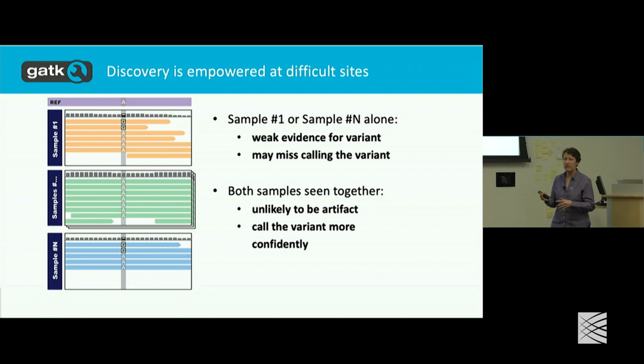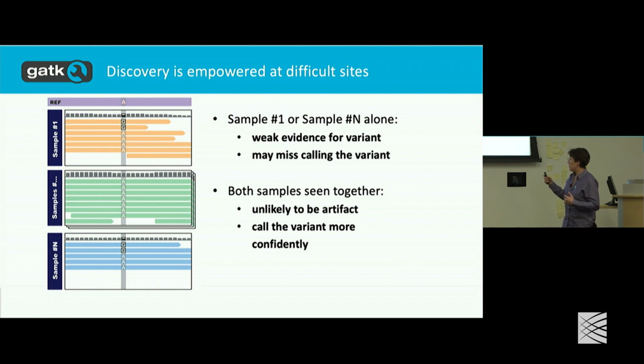It's not quite half and half. But honestly, at that coverage, just 2 reads, that could just be an artifact. And so with that amount of weak evidence, it's very likely that we would just filter that call out. We wouldn't call that as a confident variant. So we may miss it.